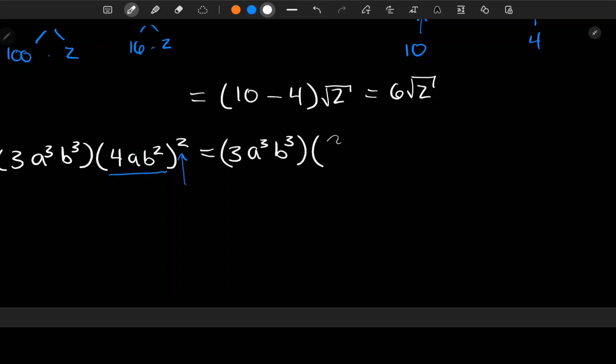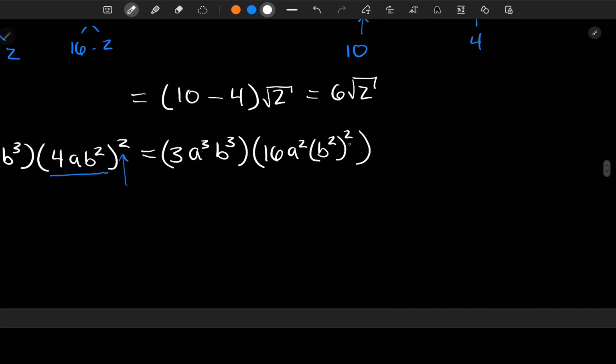So that would mean it is 16, because it's 4 times 4, times a squared times b squared squared. But that's just equal to b to the 4th power.